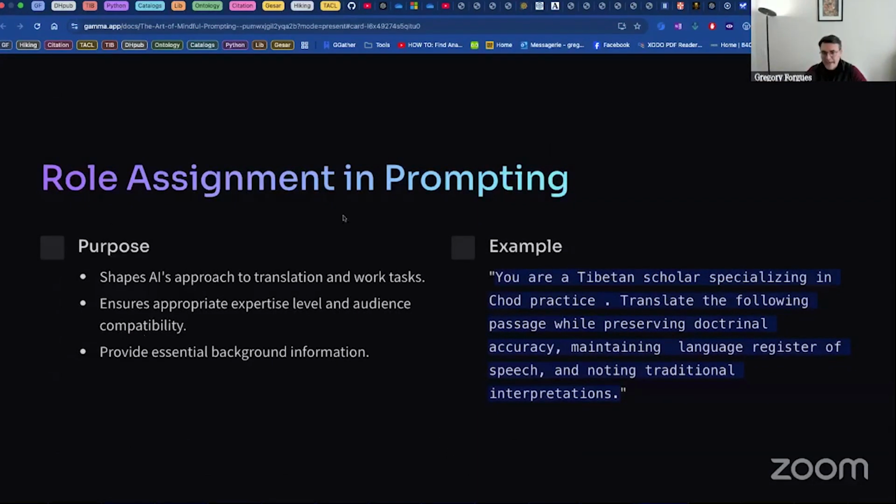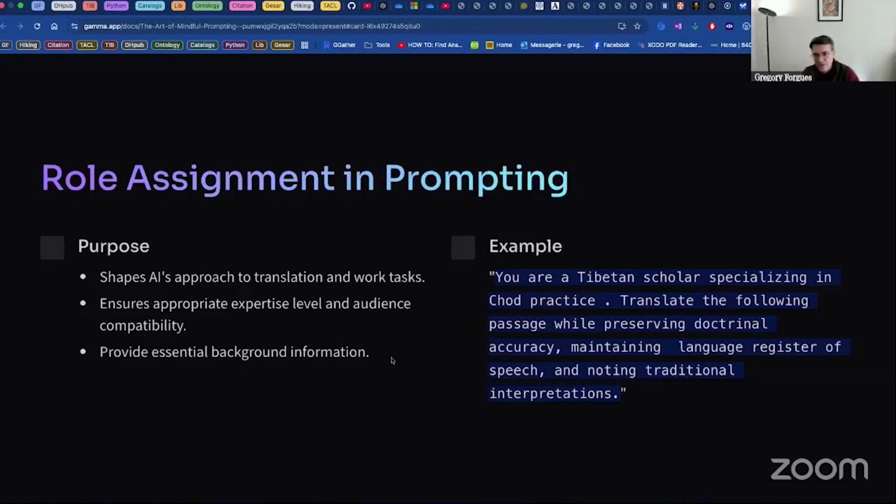So the role assignment, just have a look at that, maybe in the slides. Essentially what you're saying is that you're providing context on different levels in terms of what the job is going to be, what expertise you need there. So it helps the model figure things out and locate the query into a network of tasks, capabilities, skills, and purpose as well, knowing what I'm going to be asked may be connected to this.